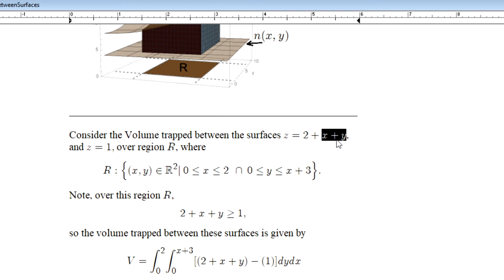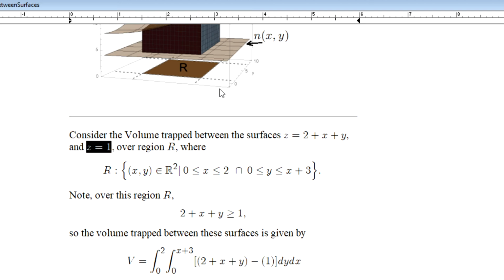So x plus y added to 2 will always be bigger than or equal to 2 over this region R. Whereas z equal to 1 is also a plane in space, but a very simple one, strictly passing through the z-axis at z equal to 1 that illustrates no slope or change in z with respect to any change in x or y.